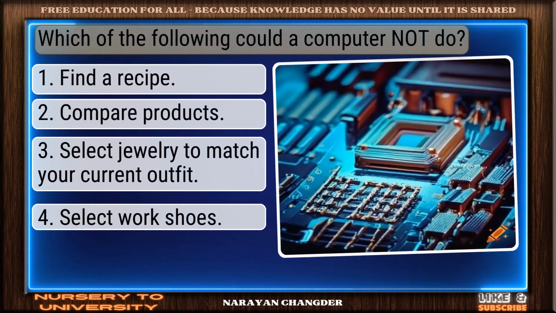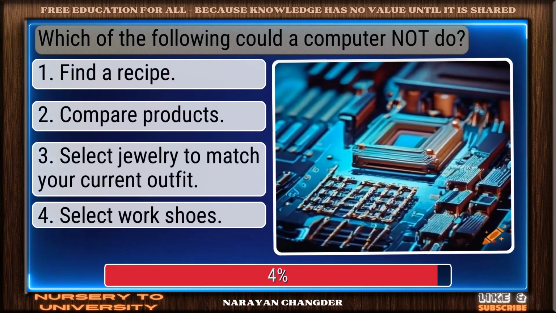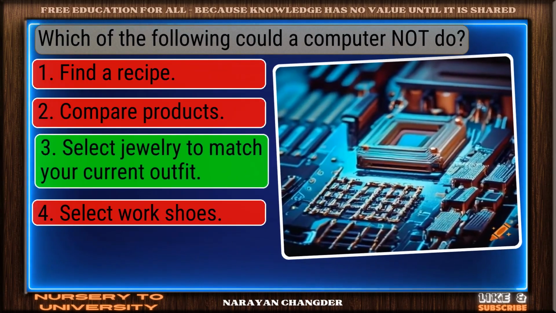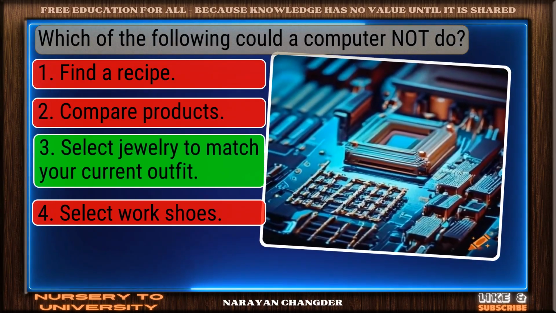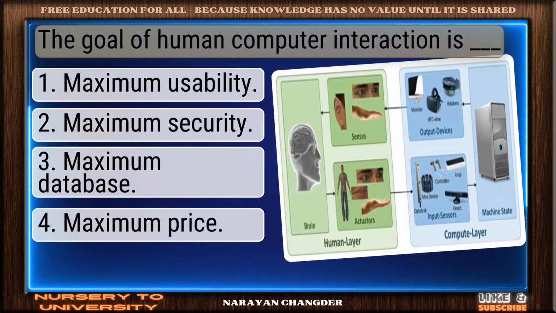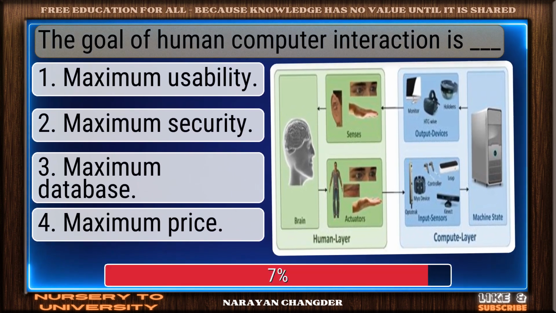Question number 55. Which of the following could a computer not do? Excellent choice. Select jewelry to match your current outfit is the right answer. Question number 56. The goal of human-computer interaction is dash.